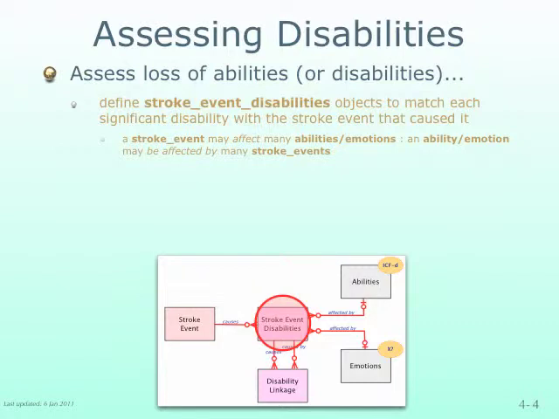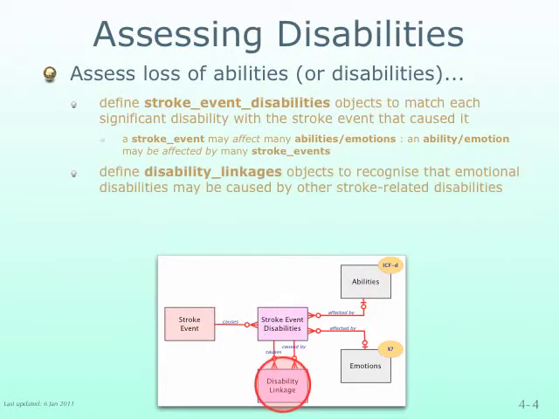And second, by defining disability linkage objects that recognise that emotional disabilities may be indirectly caused by stroke-related physical, mental, cognitive and communication disabilities.